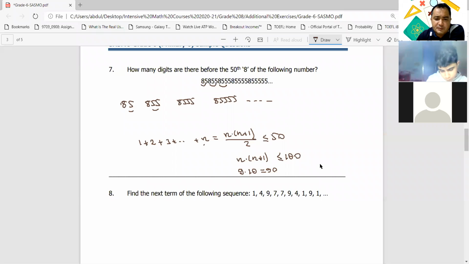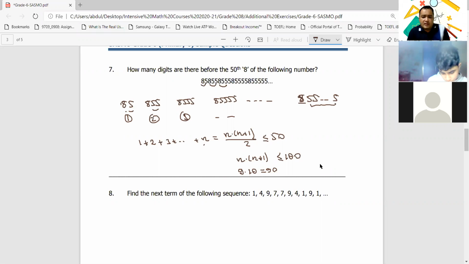So that means how many do we have here? Here we have 1 and 2 and 3 and so on, and here we have 9, right? In the first one, we have 1 five. In the second one, we have 2 fives. In the ninth one, we have 9 fives.